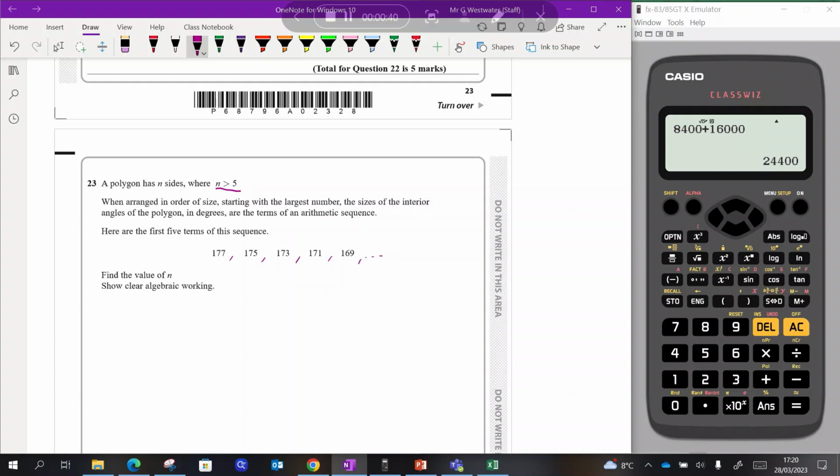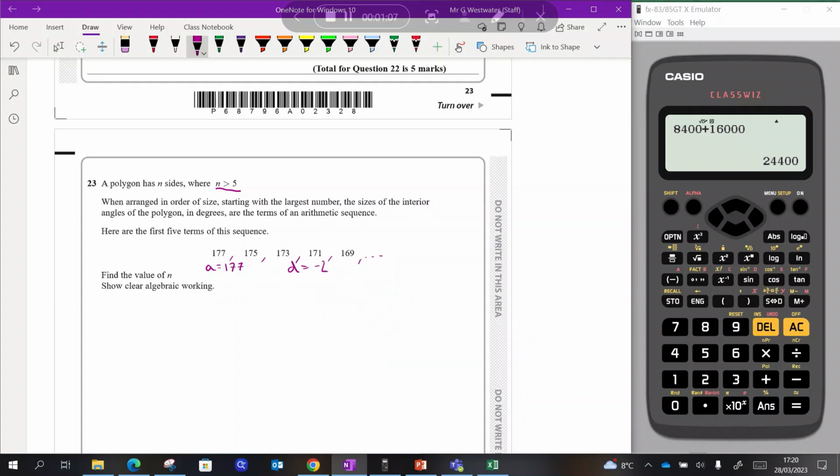So there are 2 things on the go here. Now we know that the sum of this series will be the sum of all interior angles. So I'm going to start by thinking of the sum of this sequence. So here we have a, the first term, is 177. And d is not 2, because it's decreasing, d is minus 2.